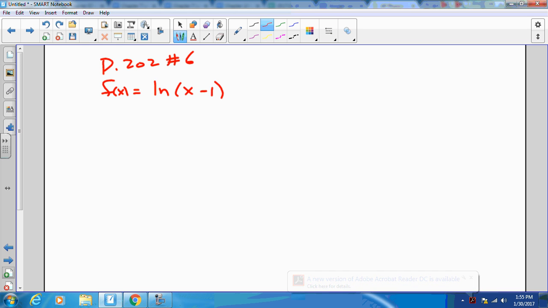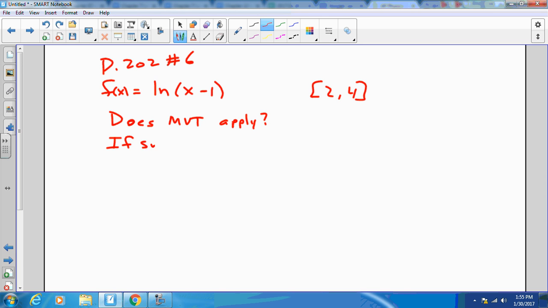We have a function here, f of x equals ln of x minus 1 on the interval 2 to 4. And the question is, does the mean value theorem apply? And if so, find the c such that the conclusion holds.